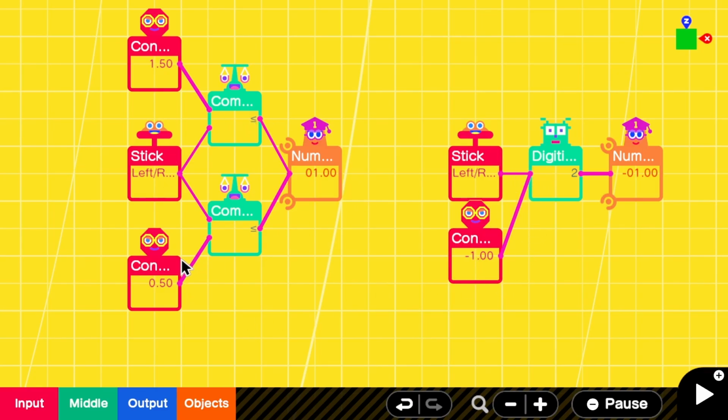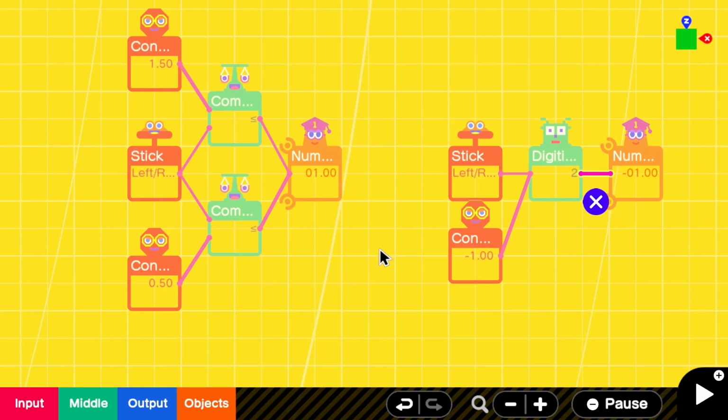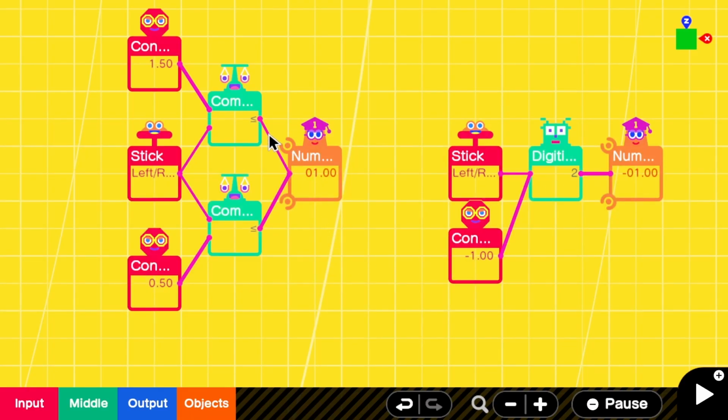So if we want to increase the value by 1, we just subtract the value by 1 here. So now, this digitize nodon will output 0 if the number is between 0.5 and 1.5. And if the value is less than or equal to 0.5 or greater than or equal to 1.5, only then will this value be non-zero.